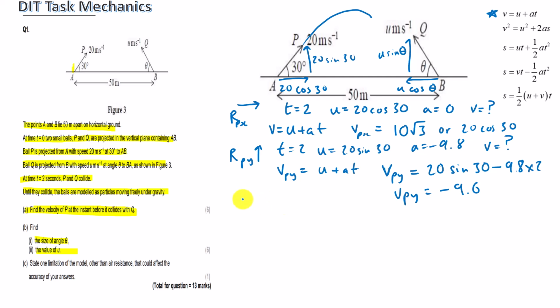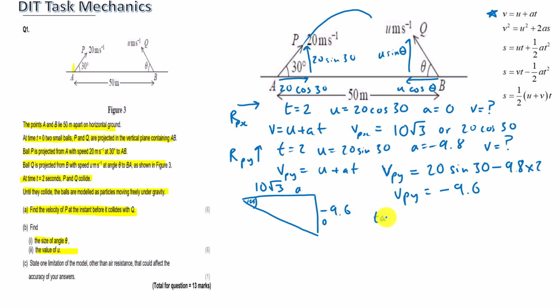Now if we just draw a triangle of this, that's your angle. This is your 10 root 3. This is your minus 9.6. Adjacent and opposite.